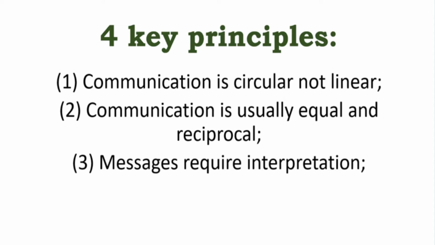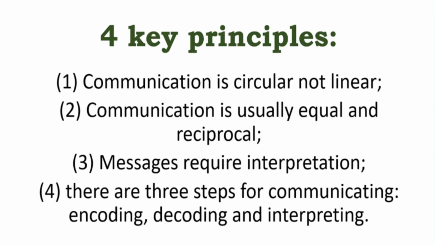Next one, messages require interpretation, meaning that there is a lot of interpretation involved when receiving a message. And the last key principle of this model is that all communication requires three steps: encoding, decoding, and interpreting a message.